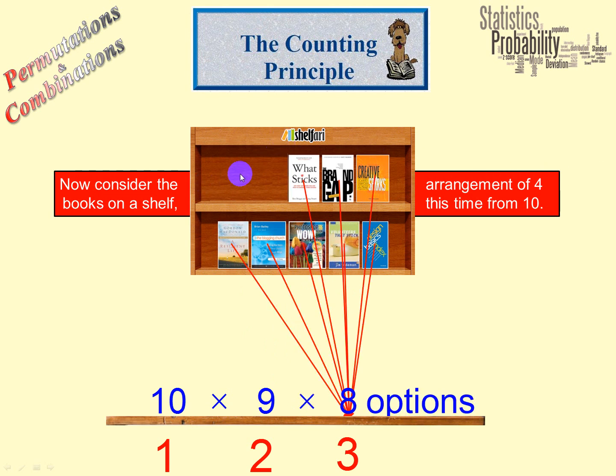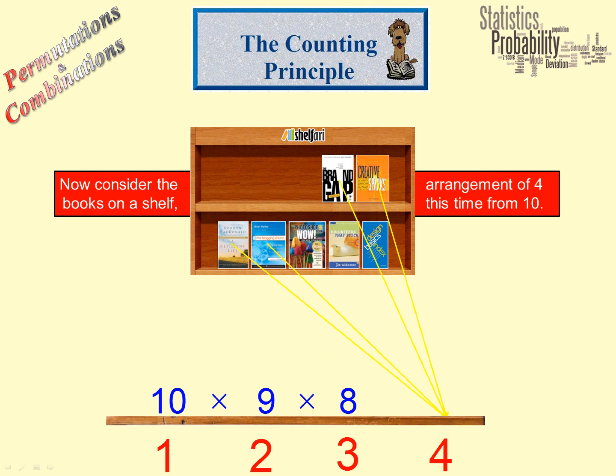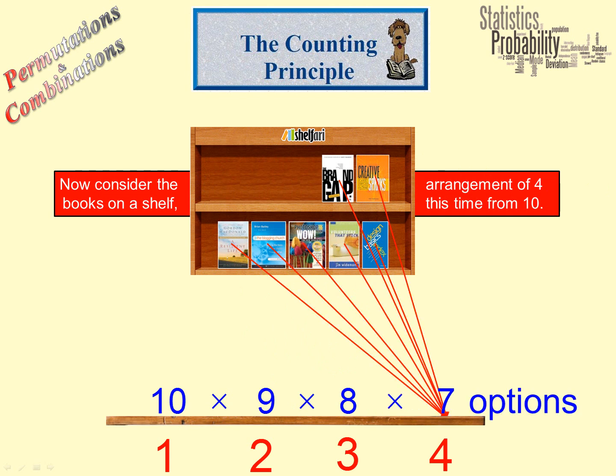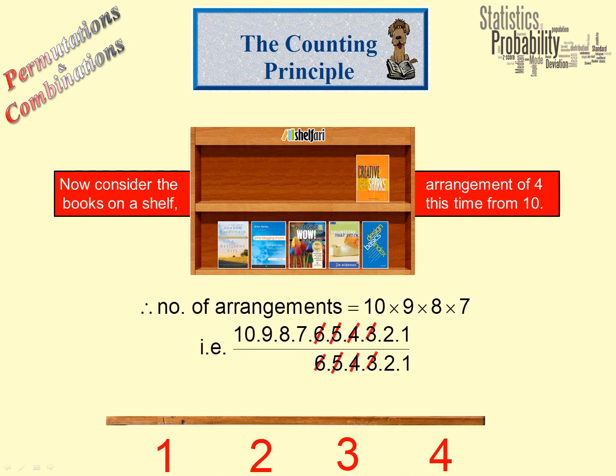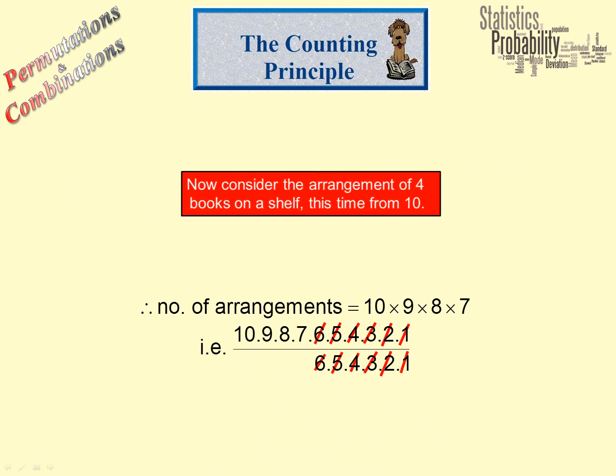Note each time, because one of the books is gone. It doesn't necessarily have to be that one, but I'm using that one as the example. And the fourth place, 7 options. So in fact, we have 10, 9, 8, 7, and the 6, 5, 4, 3, 2, 1 has been cancelled out. Only the 10, 9, 8, 7 left.